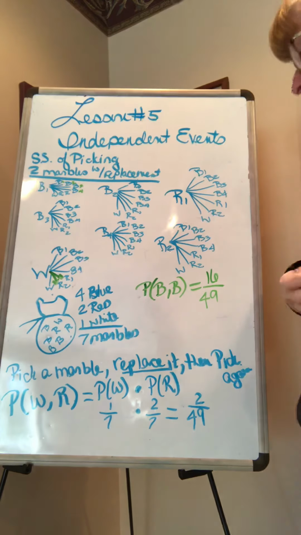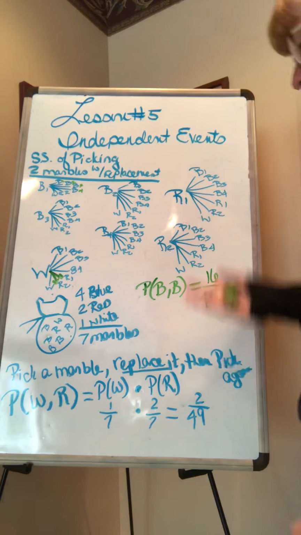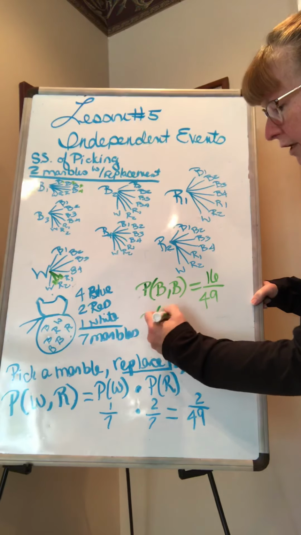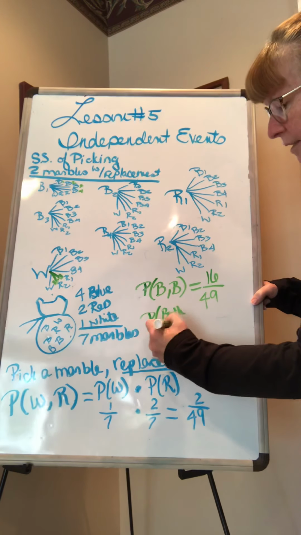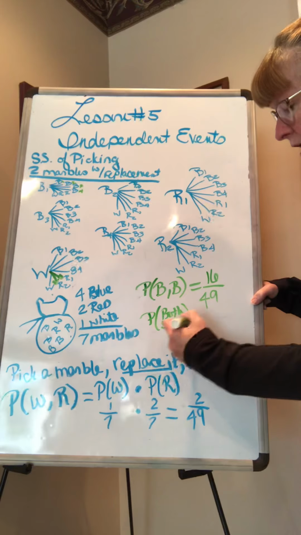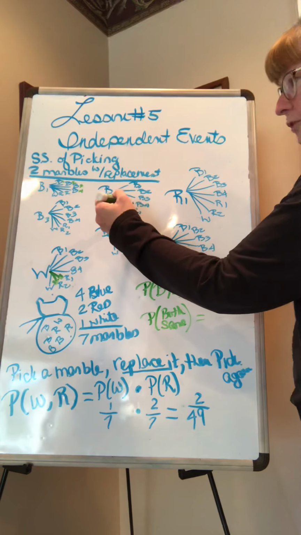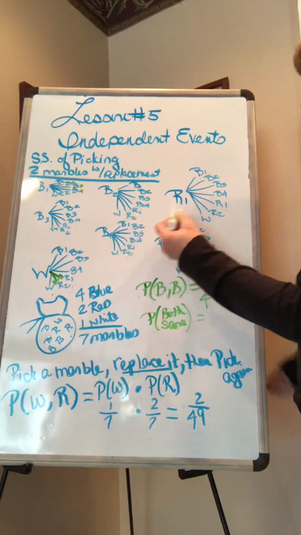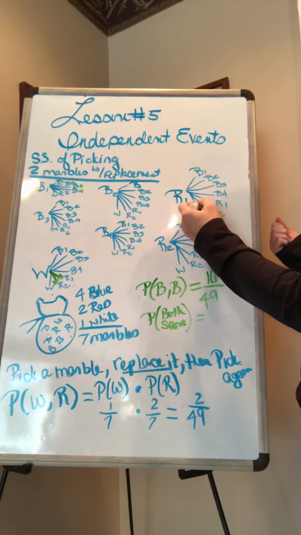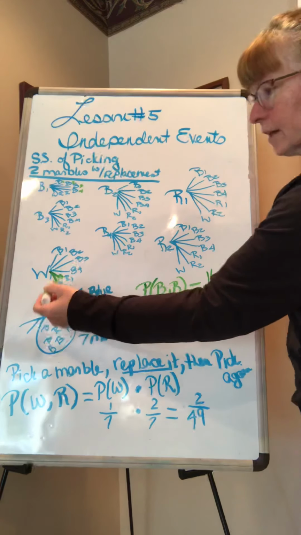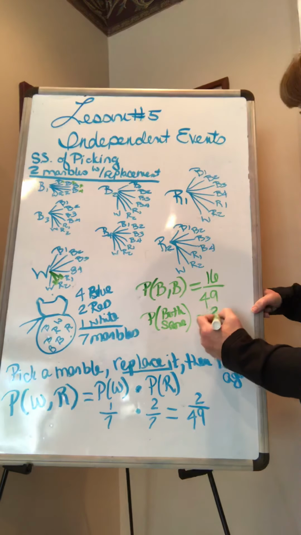Then I want to know, if I said this, what's the probability that they're both the same? Well, both the same means all the double blues, which was 16, but now I got double reds, which is 17, 18, 19, 20, and then the double white, 21.